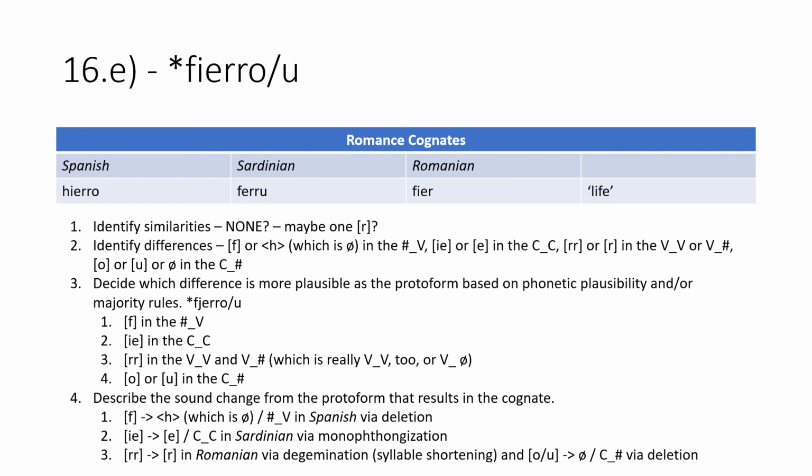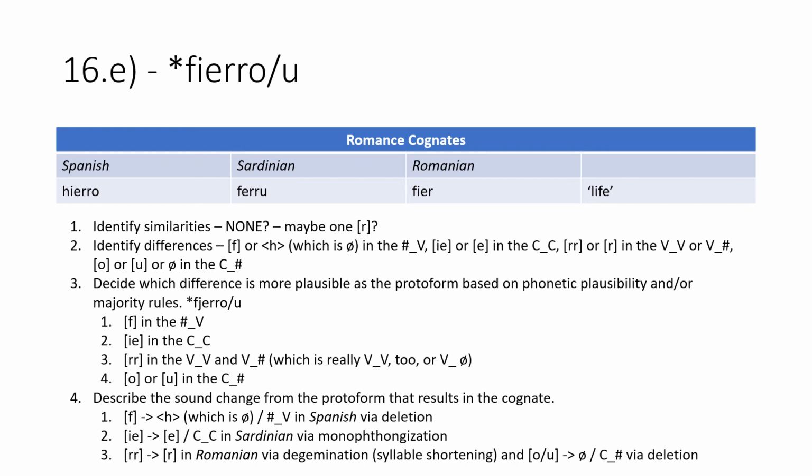So we say hierro, we don't say hierro, we say hierro. Or the F for ferro, fier. Is it the IE diphthong or the E, the standard sound between the consonants? Is it the double R or the R between the vowels? Or like our last example, where we have a deleted final vowel?